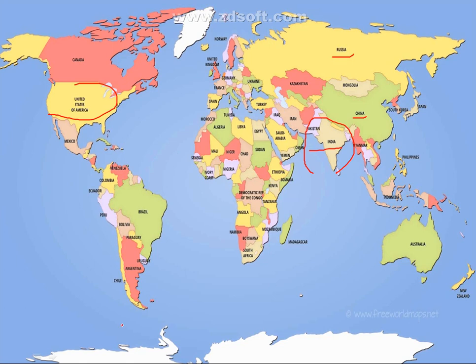Okay, let's talk about area. The biggest one is Russia. The second biggest one is exactly Canada in the North America continent. Its capital is Ottawa. Guys, I heard so many people just make a mistake.